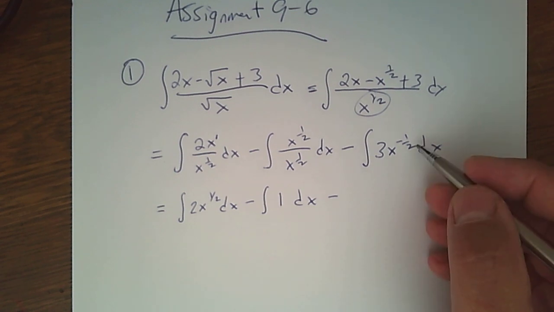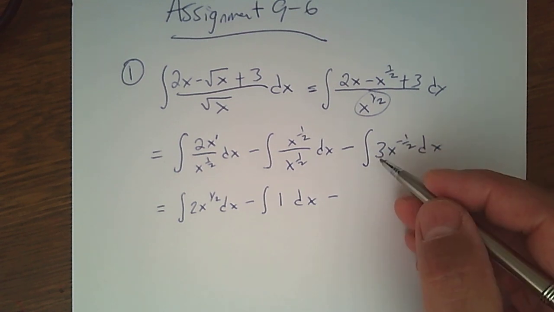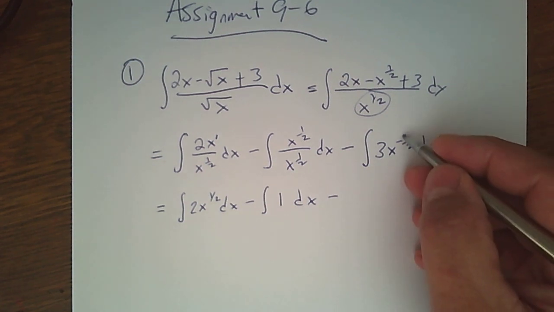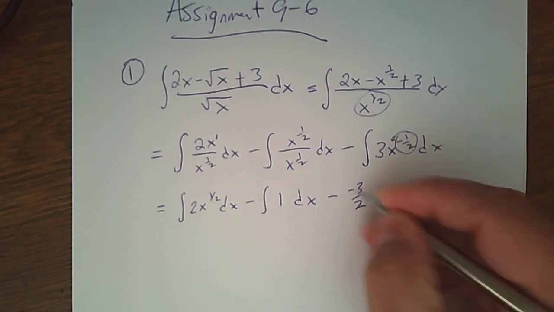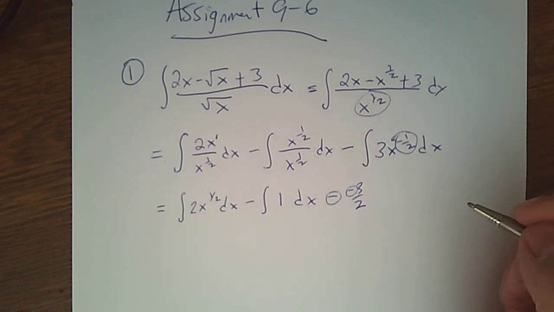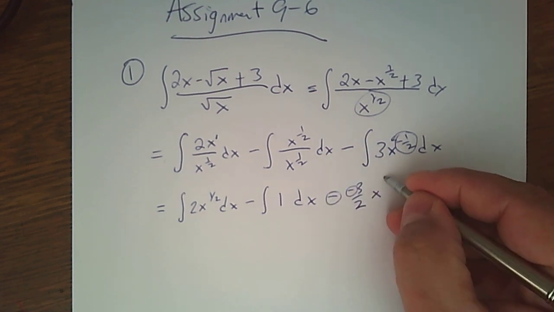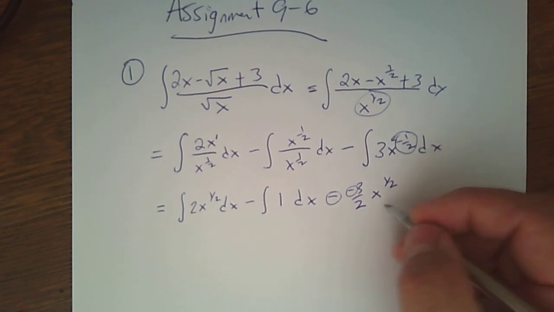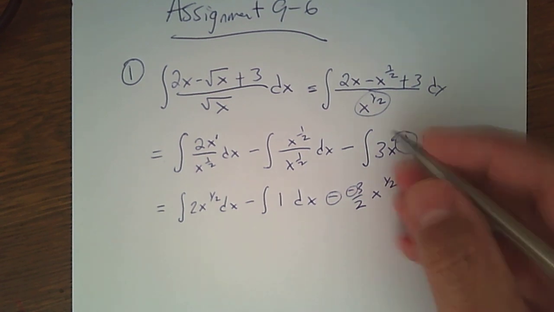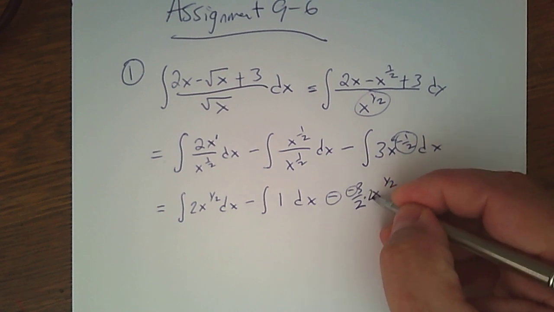Negative 1/2 times 3. So negative 1/2 times 3 is negative 3/2. And I know these two negatives will eventually make it positive. Then add 1 to the exponent. So negative 1/2 plus 1 is positive 1/2, and then you're going to divide or times the reciprocal.